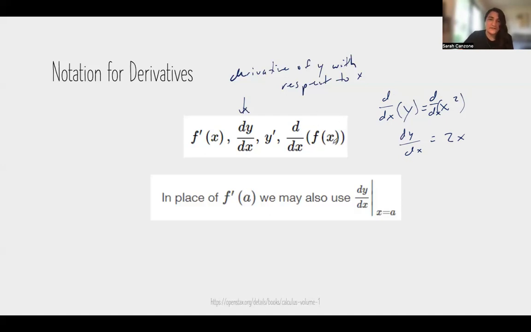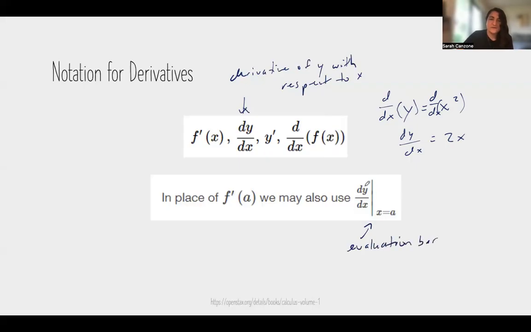So if we're given d dx of f of x, we're not necessarily going to write d f of x up here. You're probably not going to see this one quite as much. Sometimes if we're asked to evaluate at a specific point, so kind of what we were doing in the last lecture, instead of f prime of a, you can see this bar. So this is called an evaluation bar.